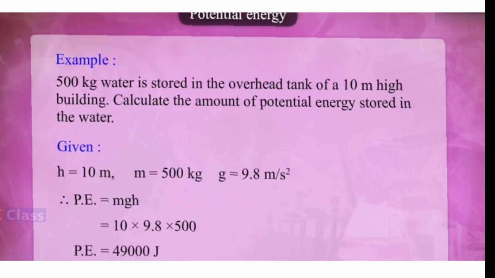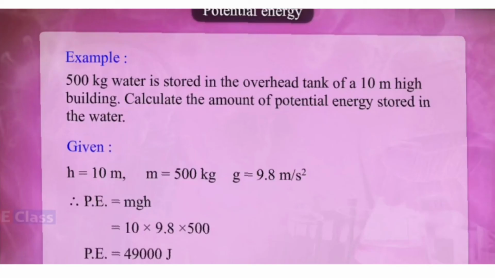So let us have now some sums based on it. 500 kg water is stored in the overhead tank of a 10-meter high building. Calculate the amount of potential energy stored in the water. So we have height 10 meters, on the first floor the height is 10 meters.